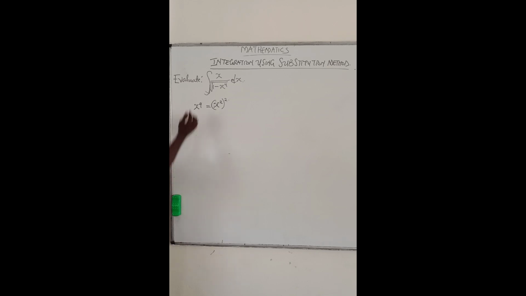Yes, because in indices, a raised to power b, raised to power c, can also be written as a raised to power bc. So I'm going to transfer this trick into this simpler form. Now I have the integral of s over the square root of 1 minus s squared squared, dx.